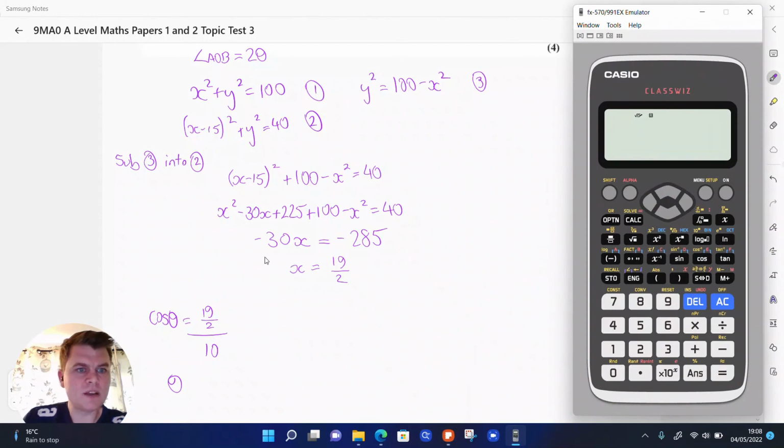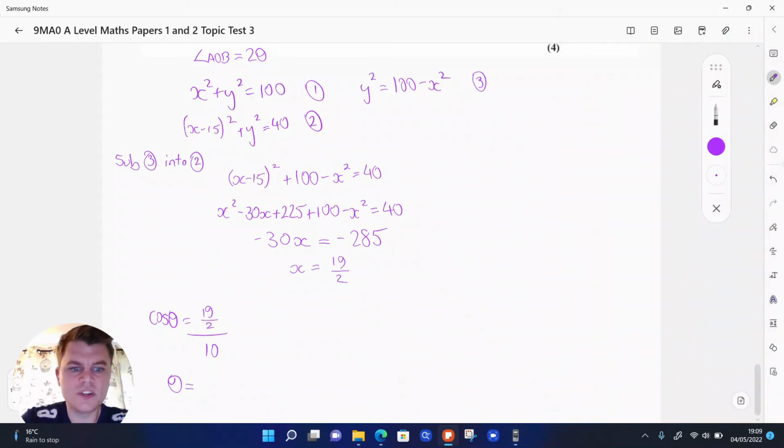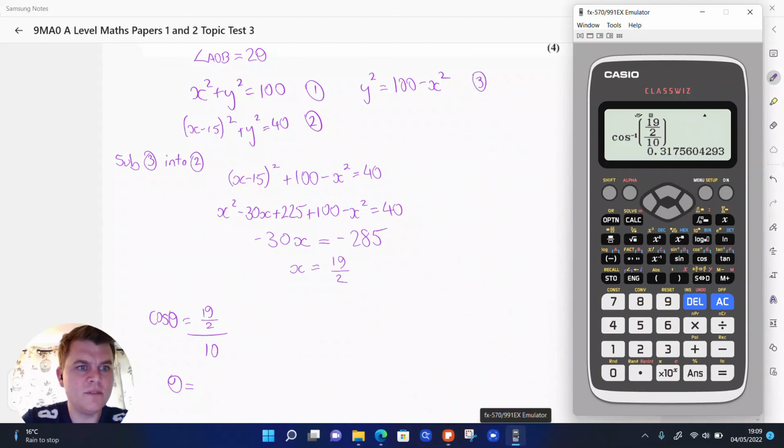And we'll put that into our calculator. So do arc cos and we get that answer there. And because it's a show that question, it should be roughly half what we have.